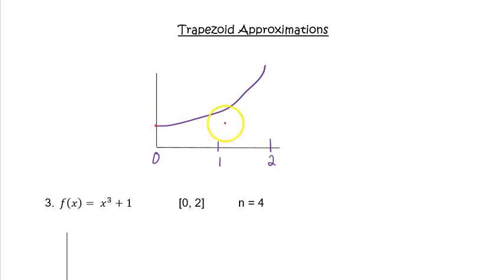So like if I was going to do 2 rectangles here, I would have an end that would hit at 1 and an end that would hit at 0 and connect them. And then that makes a trapezoid. And so this end at 1, this end at 2, connect it. Here's my trapezoid.